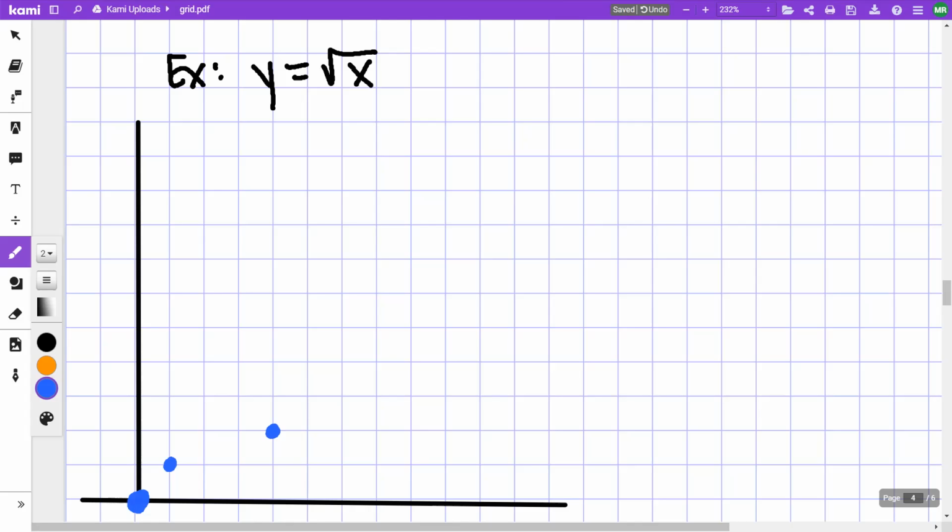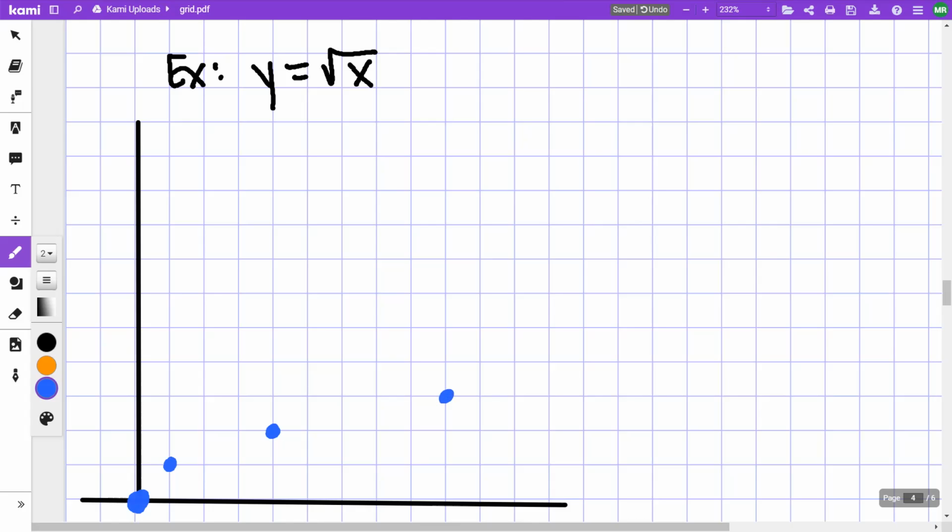What's the next nice square, or square root, I should say. 9. The square root of 9 is 3. So I'm going to go to 9. That's 4, 5, 6, 7, 8, 9. And the square root of 9 is 3.